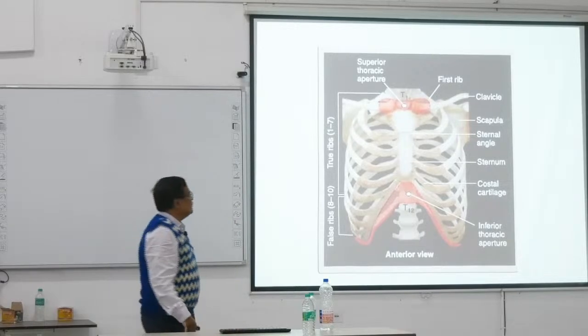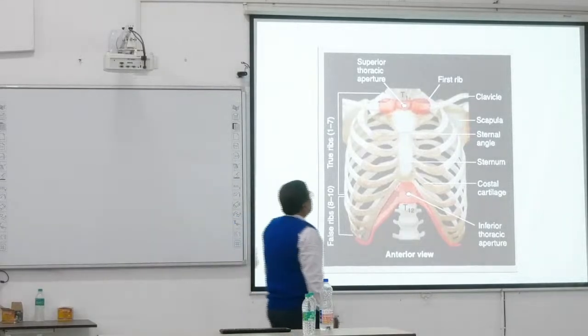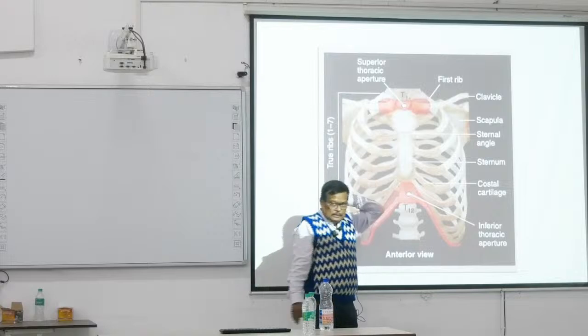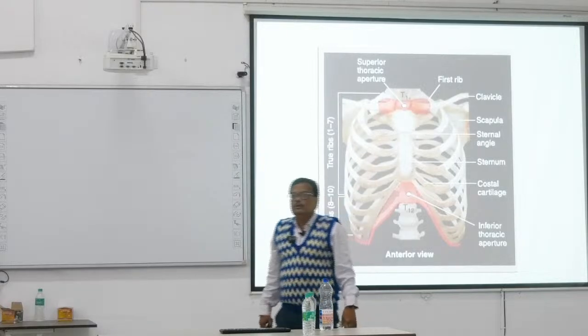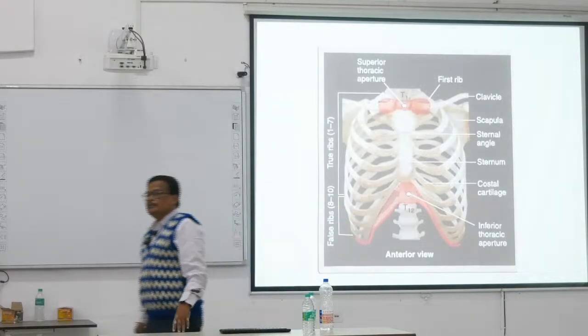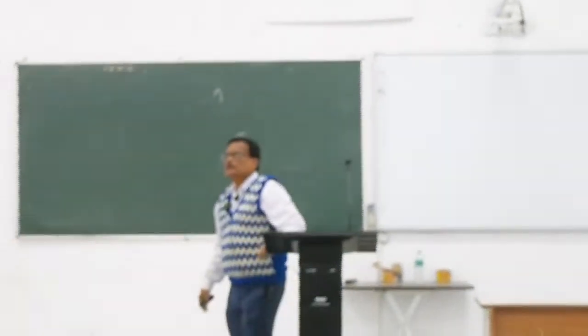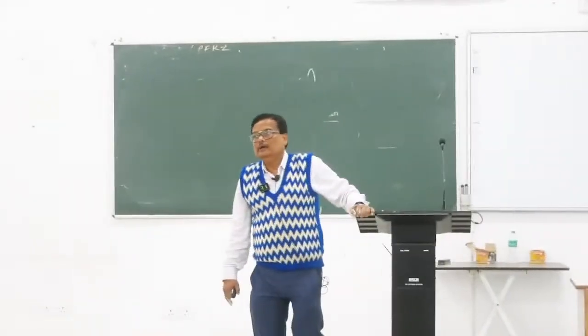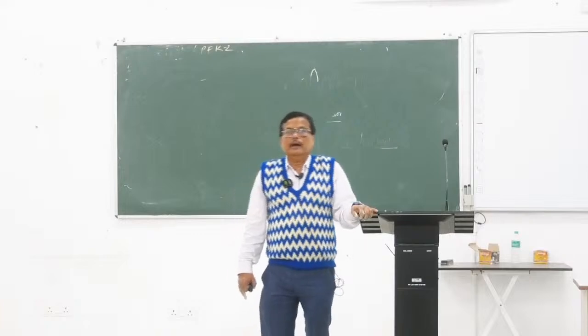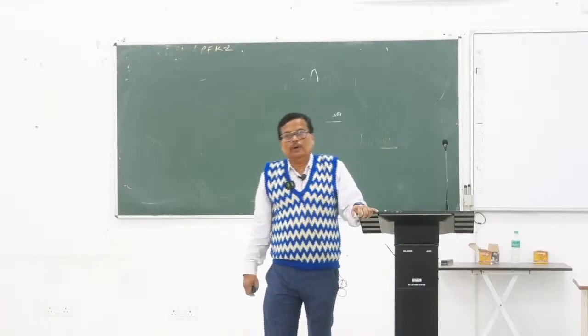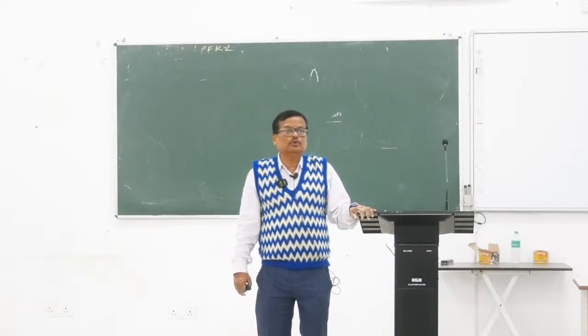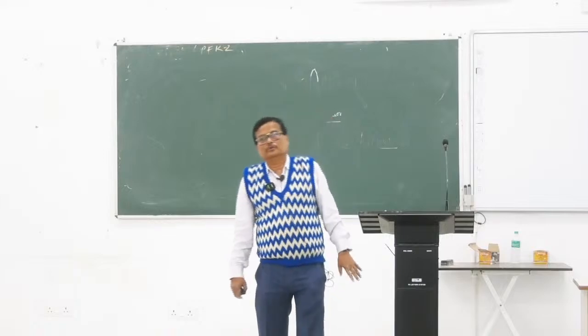So it consists of vertebrae, ribs and sternum. Posteriorly, there are the vertebrae. We call them thoracic vertebrae. So the posterior boundary of the thoracic cage is the thoracic vertebrae. How many? 12, numbered from above below: T1, thoracic 1, T2, thoracic 2, and so on.